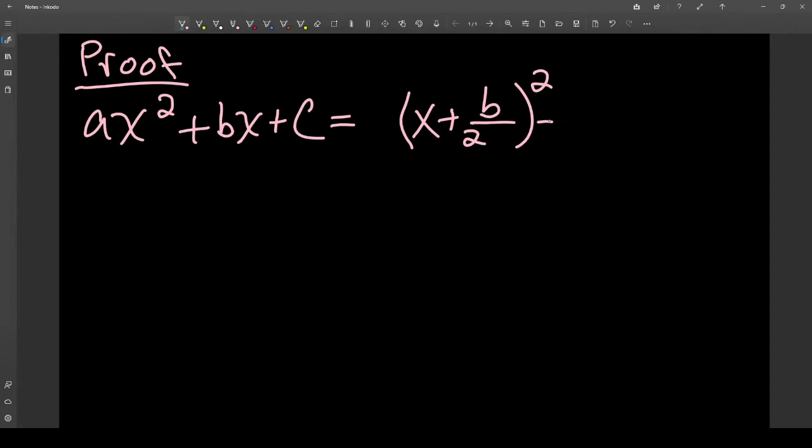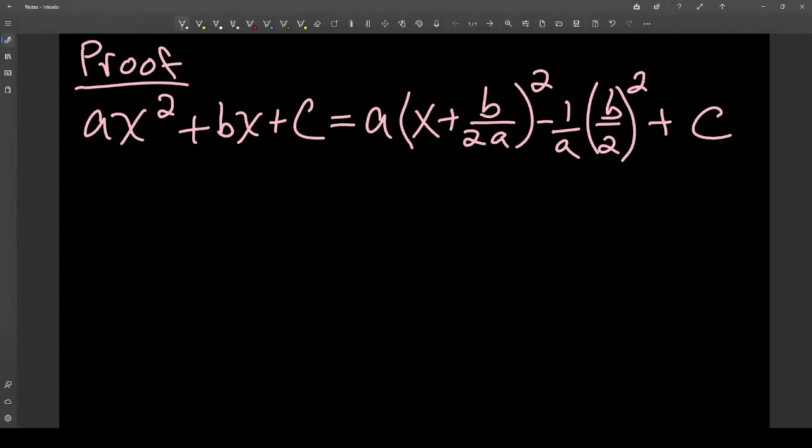We're going to subtract that b over 2 squared, the whole thing squared. Bring our value of c over, multiply by a, and divide by a, and divide by a out here in front. Okay.